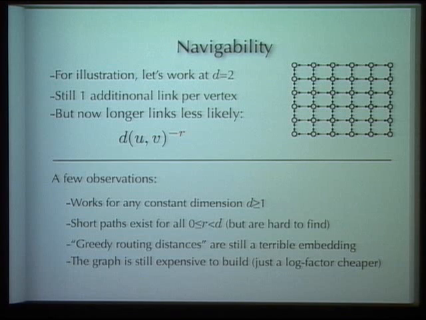And if you say that the distance between 2 vertices is their distance under greedy routing, this is still a terrible embedding. But on the other hand, it does get you from every place to every other place within distance log n. Effectively, if you do greedy routing, it could be that while you're headed this way, your next door neighbor right behind you might have a direct link to your destination, and you'll never know. So your distance is actually very, very small, but you can never find out.